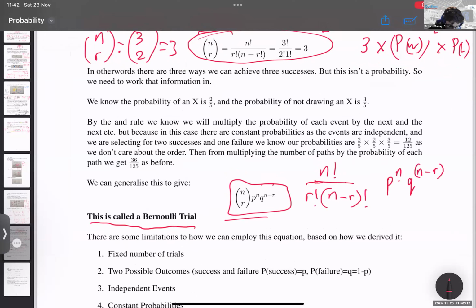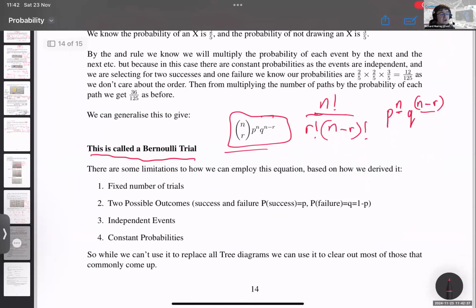And then we're raising the first to the number of successes, and the second to the number of times we see a failure. So there's a lot of new notation built into these formulas, but they're not exactly foreign to us now that we have seen how we can use these.